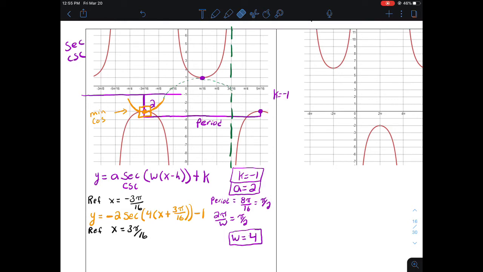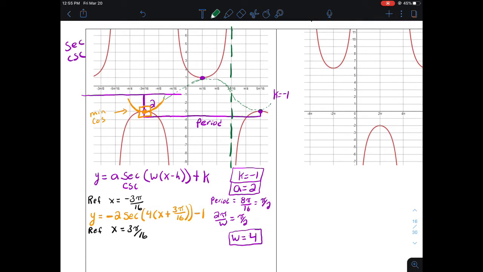I got to fix that. I got a little off there. All right, so I'm looking, and at 3 pi over 16, it's undefined.